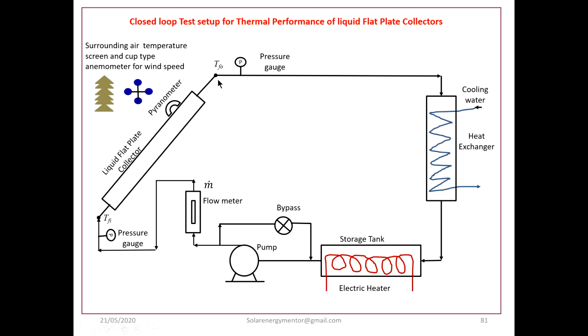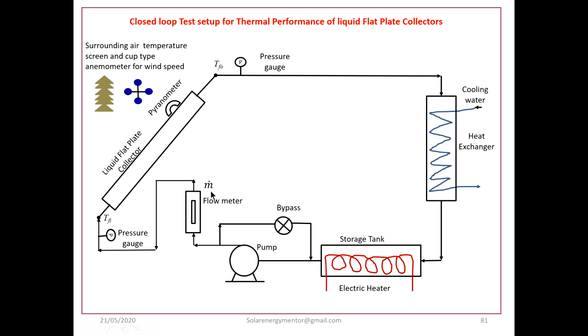At the outlet again a thermocouple or RTD is provided to measure the temperature of the fluid leaving the collector. Pressure gauges are installed at the entry and exit of the collector to measure the pressure drop of the fluid over the passage of the collector. Then a flow meter is used in line towards the inlet to measure the flow rate to the collector.